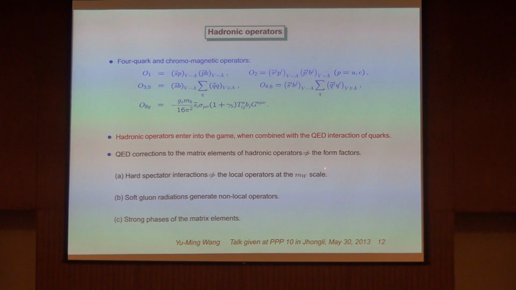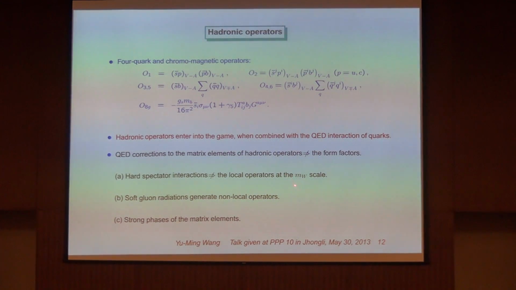So this means that the non-local dynamics of this FCNC decay is actually much more involved compared to the standard semileptonic case. The reasons are as follows. First, there are the so-called hard-gluon interactions which will not generate local operators, at least at the W mass scale.